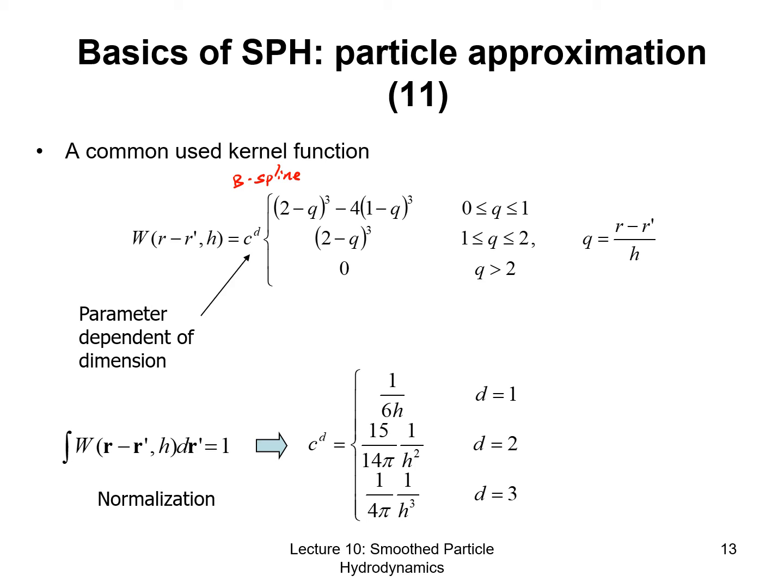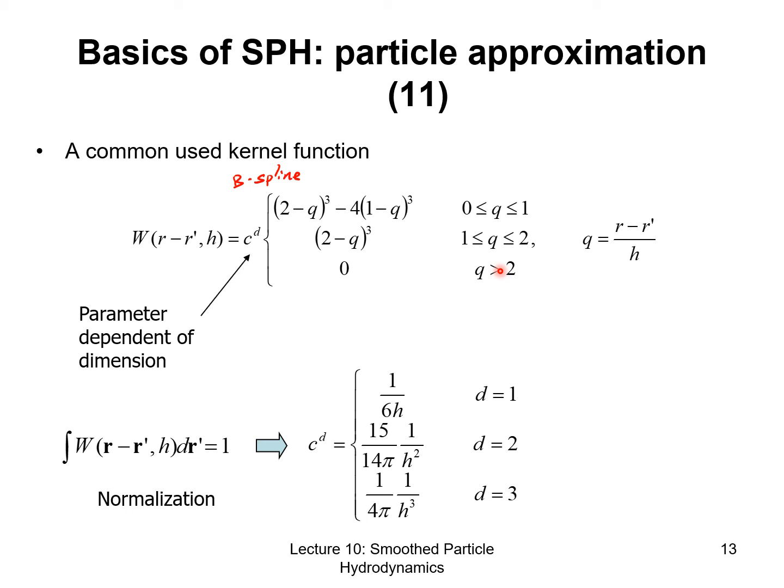With this B-spline function, you can see it only has a non-zero value when R is between 0 and 2.